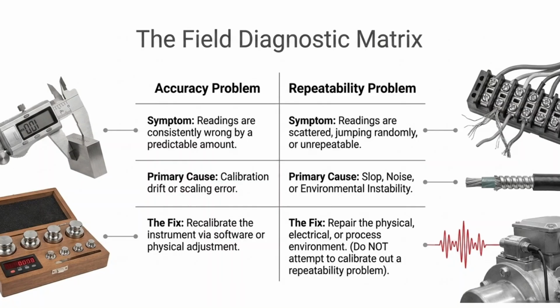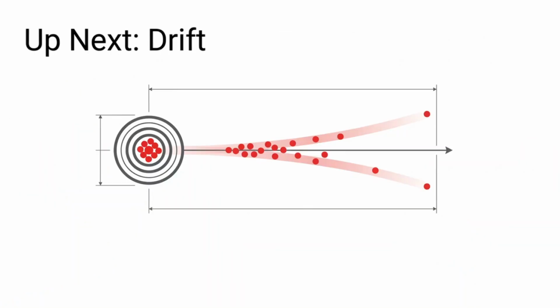And understanding which one you have a problem with completely changes how you approach troubleshooting and calibration. In the next lesson, we will move on to drift. What happens when a previously accurate instrument starts drifting away from truth over time? And how to catch it before it causes real problems.